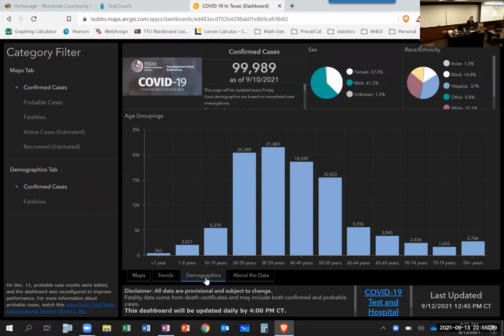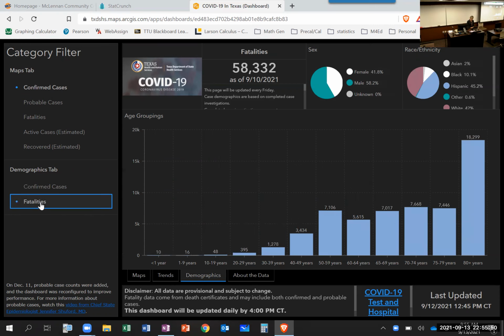What I want to look at are fatalities, right? We talked about this last week, didn't we? When we talked about the shape of our distribution, right?